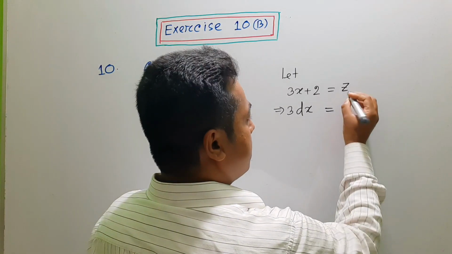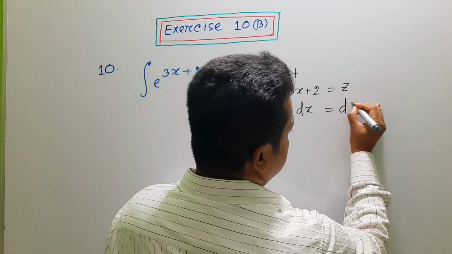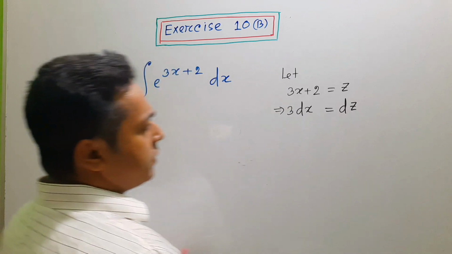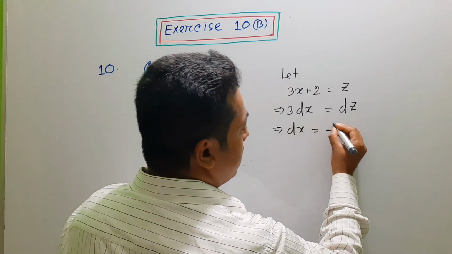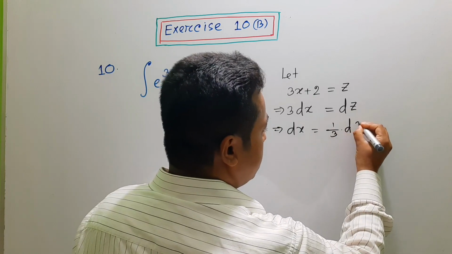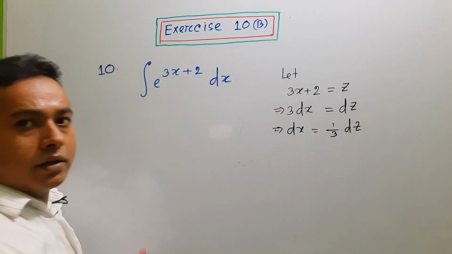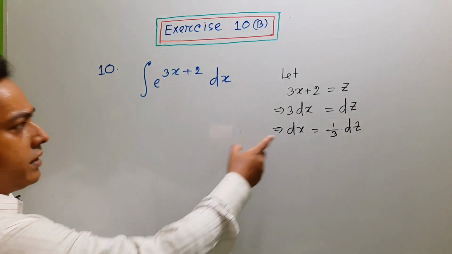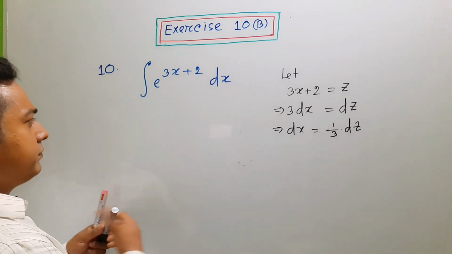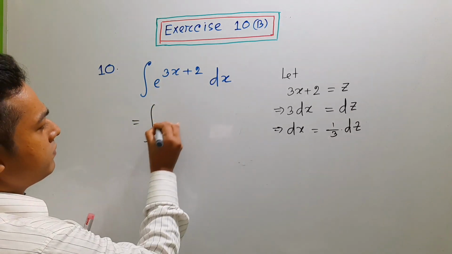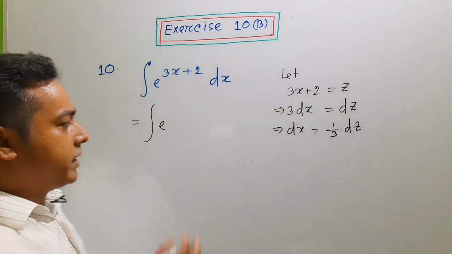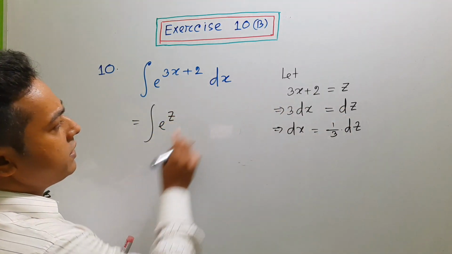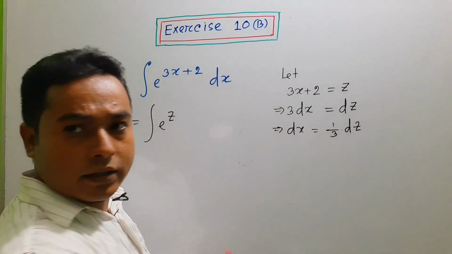And differentiation of z is dz, so dx is equal to 1 by 3 into dz. So by this result we can write this integral: e to the power 3x plus 2 is z, so e to the power z, and dx is equal to 1 by 3 dz.